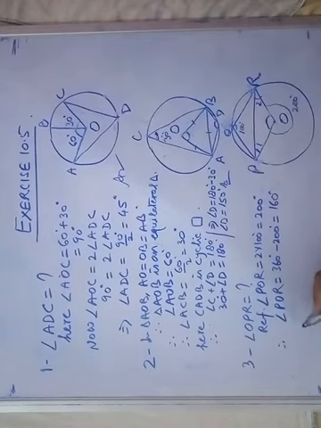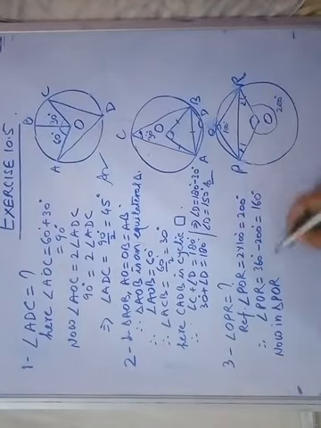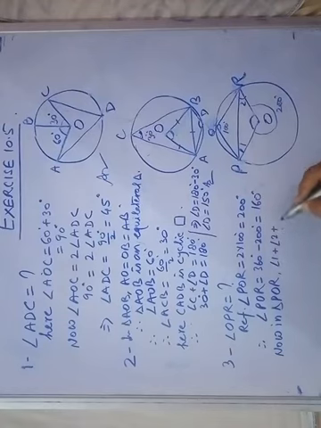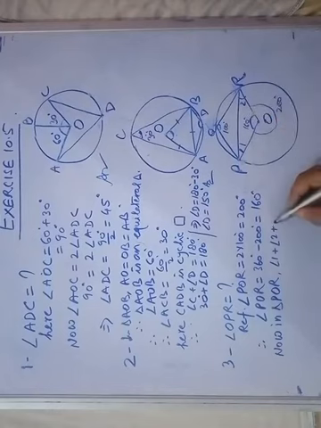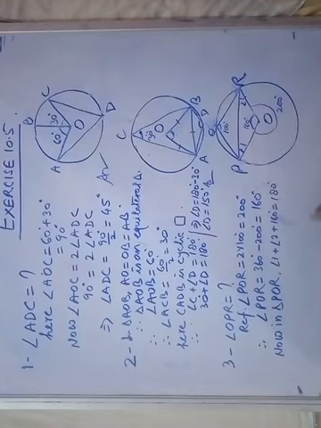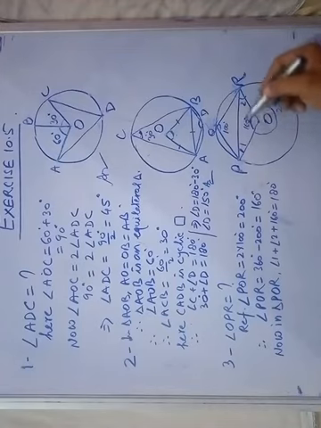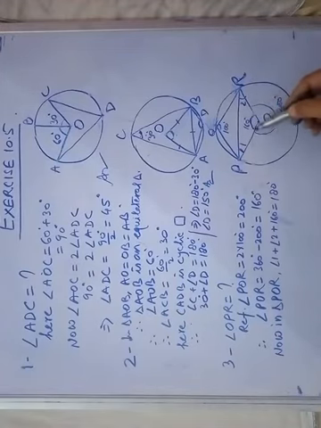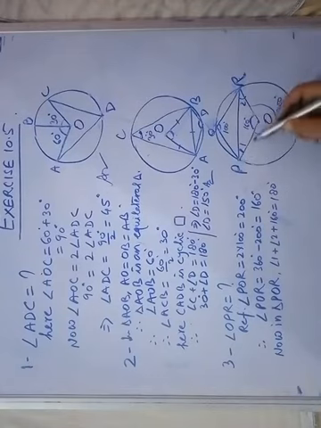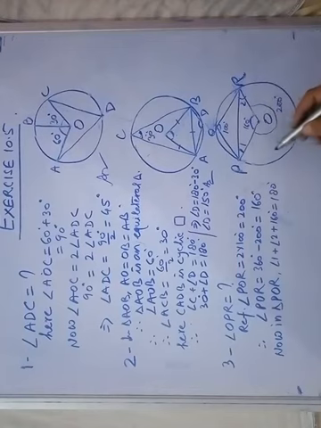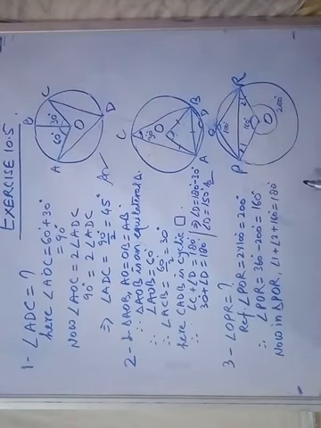In triangle POR, angle 1 plus angle 2 plus 160 equals 180, by the angle sum property of a triangle. Now OP equals OR, so the angles opposite equal sides are equal, meaning angle 1 equals angle 2.